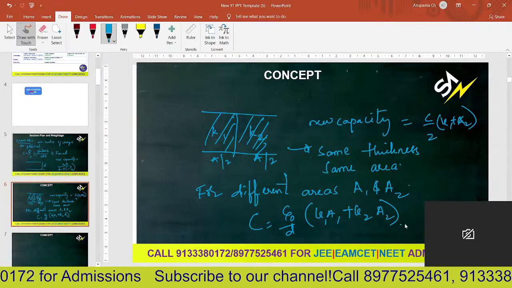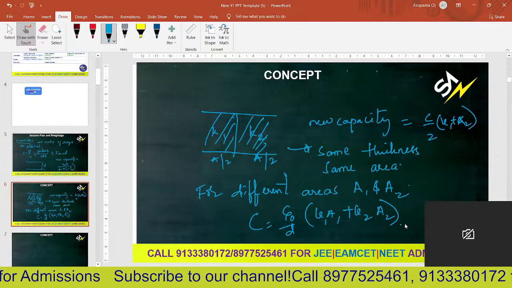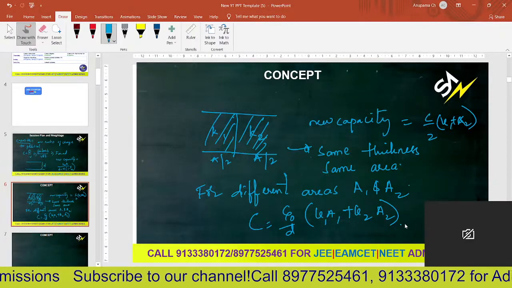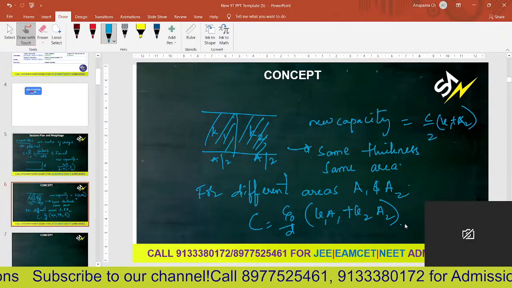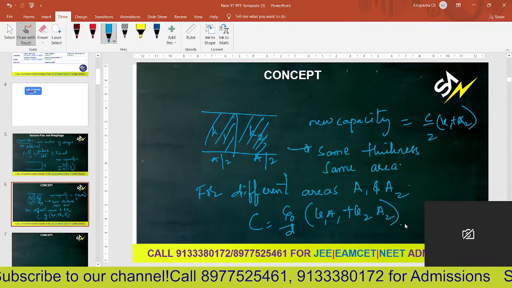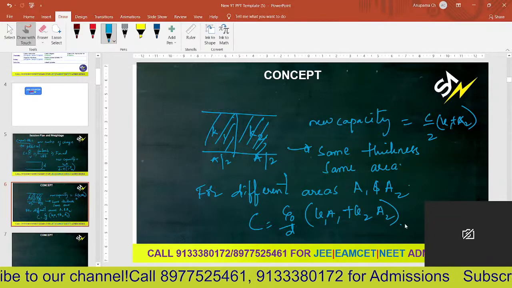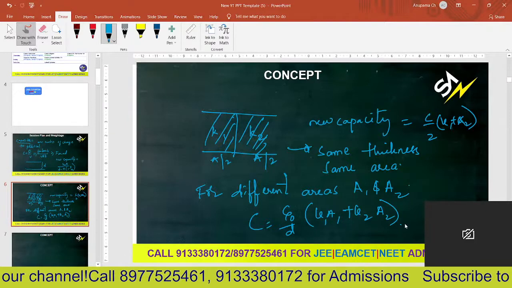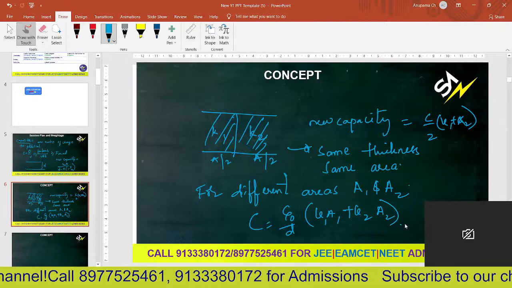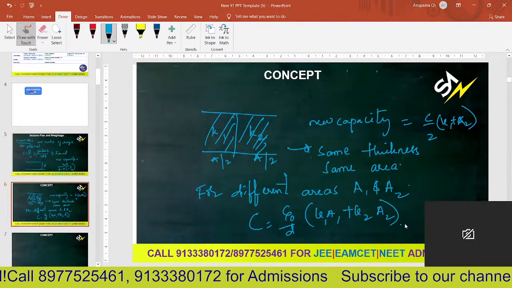So this is how the new capacitance is given for a parallel plate capacitor when two slabs of different dielectric constants and different areas are introduced between the two plates, which are separated by a distance d.